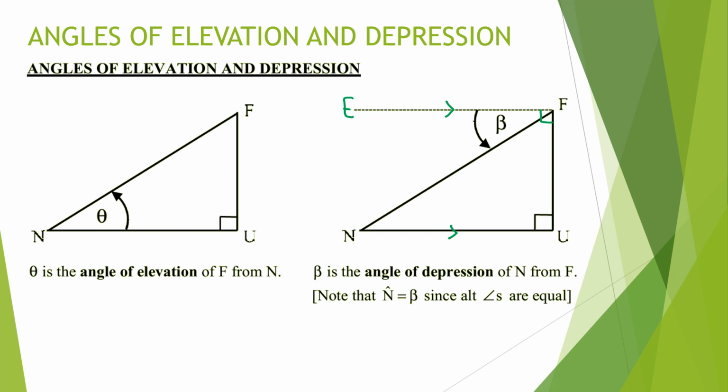And so, as I said, EF is parallel to NU, and for that reason, we have alternate angles. So angle N is equal to beta since we have the alternate angles equal.